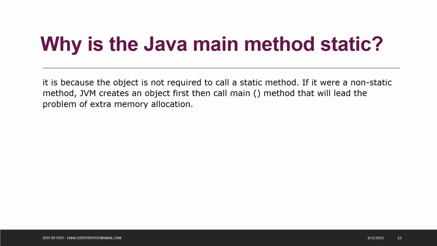If main were a non-static method, then JVM would create an object first and then call the main method. That would lead to the problem of extra memory allocation. In that case JVM would have to create the object first, then call the main method, and extra memory would be used to create an object.